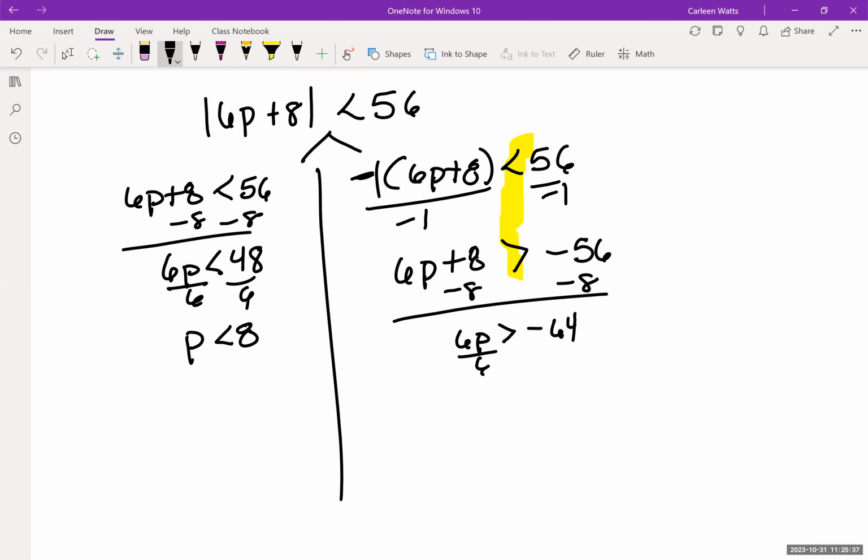Divide by 6. P is greater than -64/6, which is equivalent to -32/3, in parentheses, which is approximately -10.7.